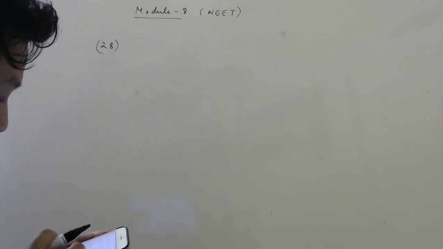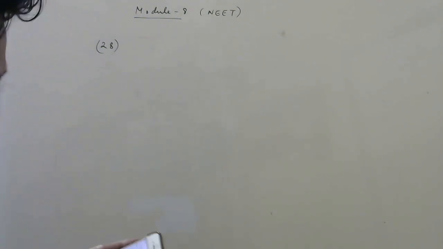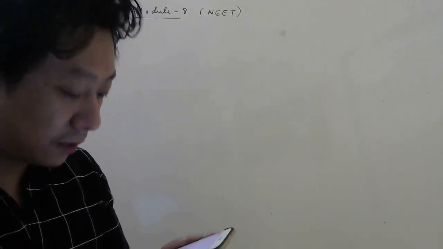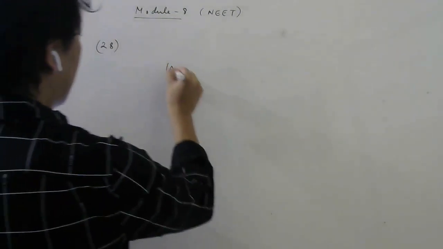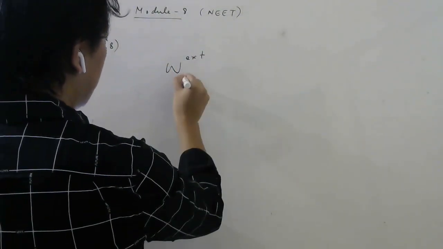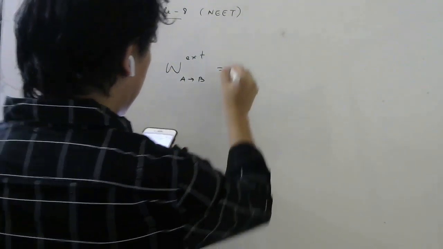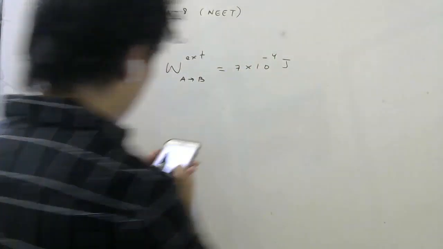Question number 28 says, work done by an external force to move a negative charge from point A to B is given as 7 into 10 to the power minus 4 joules.